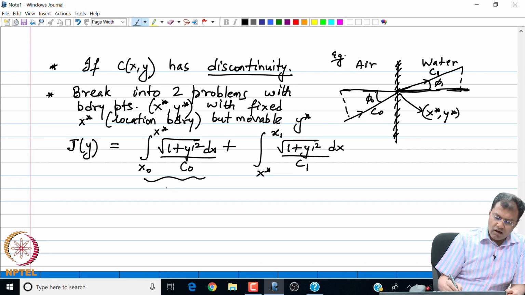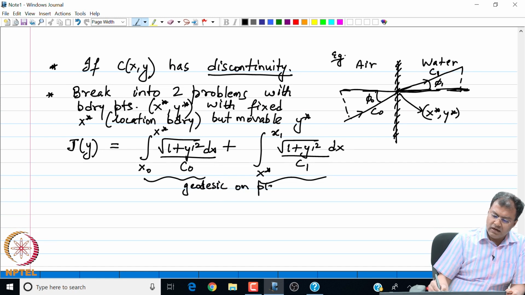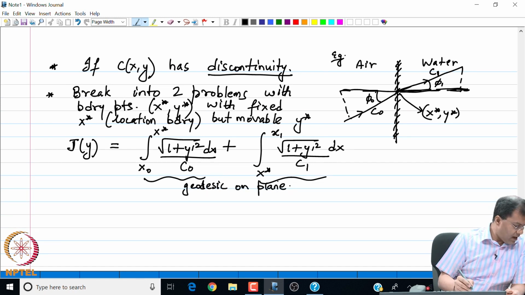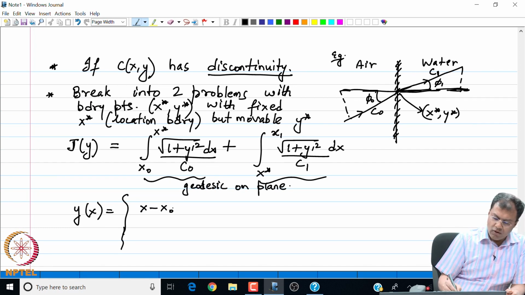So these are all geodesics on a plane, which are straight lines, right. So let me right away write the solution. The solution y of x will be straight lines, such that the first straight line passes through x naught, y naught and x star, y star.